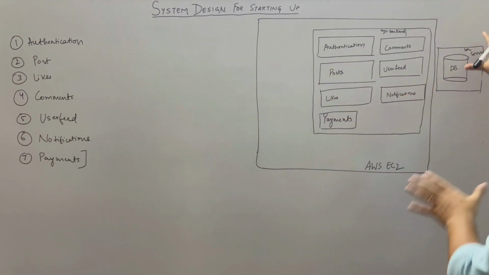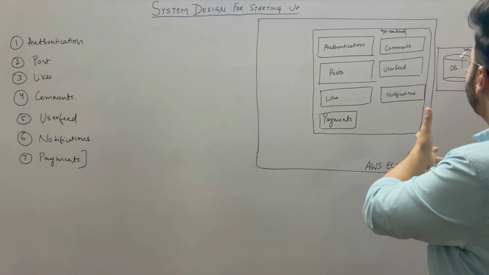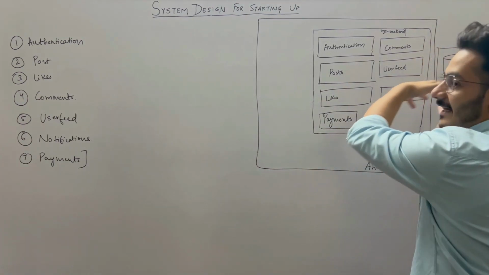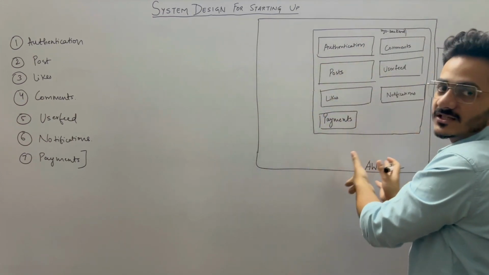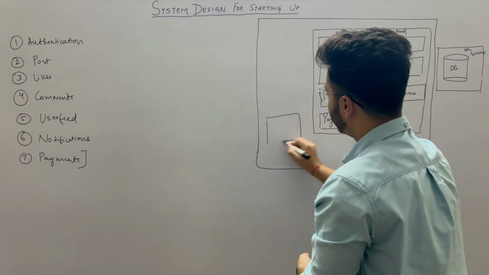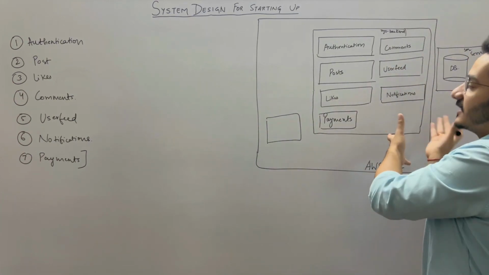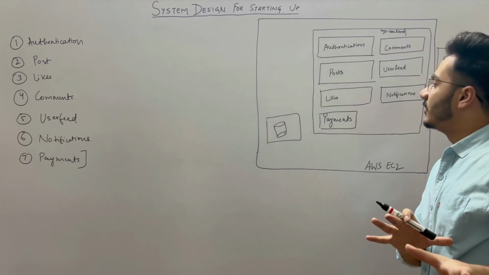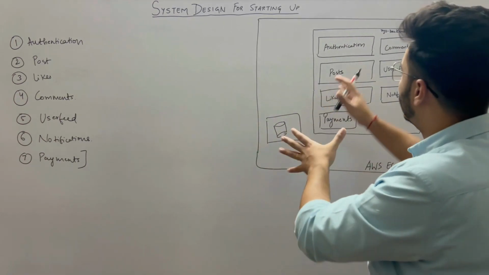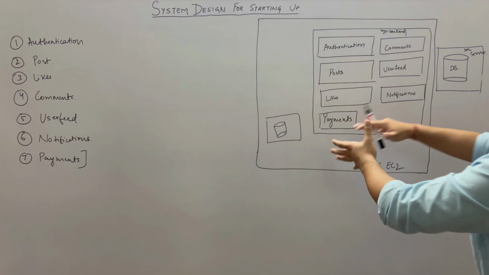And for the DB also you will have to move to a different kind of service. One way is you can create this DB server on this AWS instance also. You can start this DB server here itself, but I will not recommend that, because you should keep your code base and this data separate.